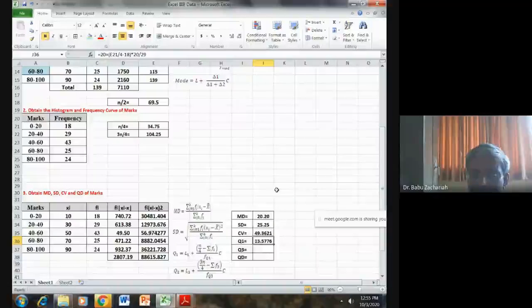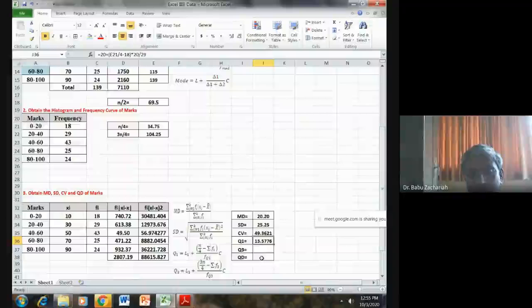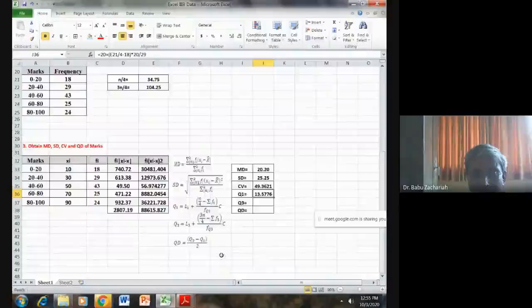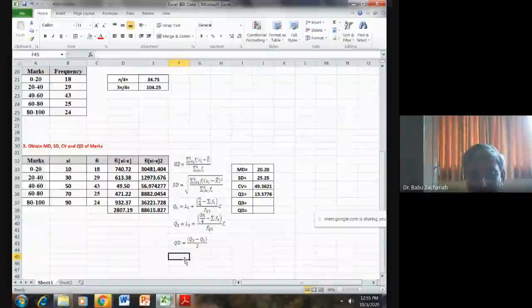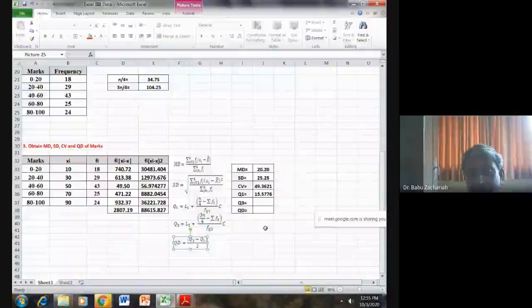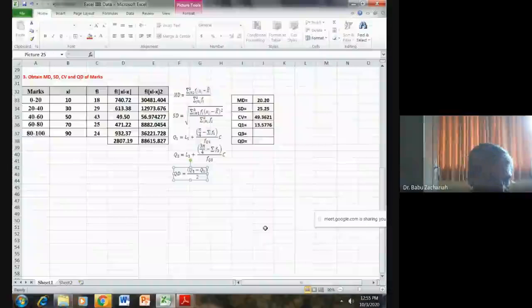Similarly, you can get Q3, and the quartile deviation will be (Q3 minus Q1) by 2. So this completes this explanation.